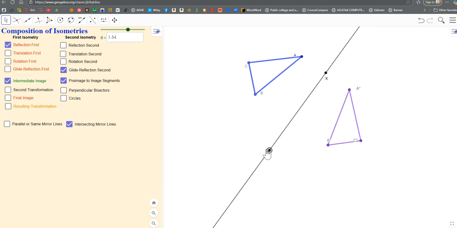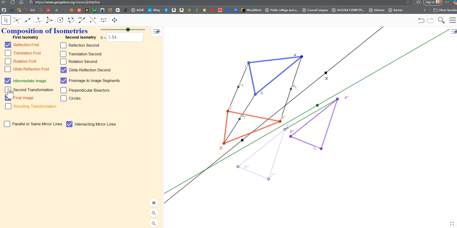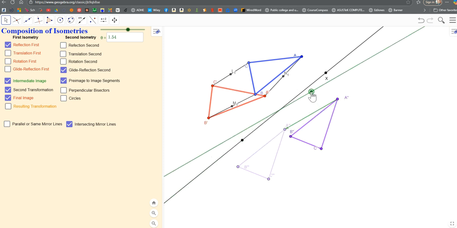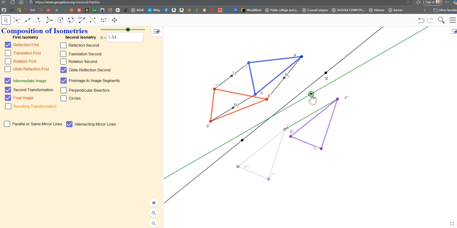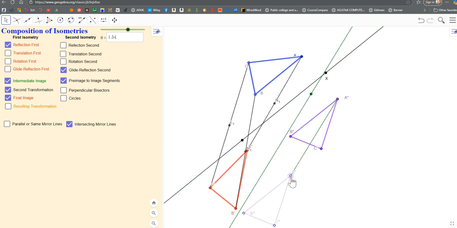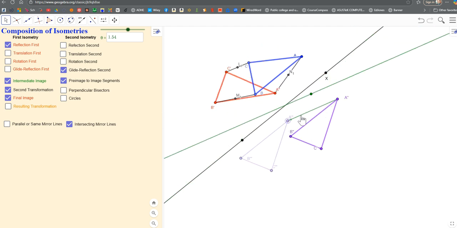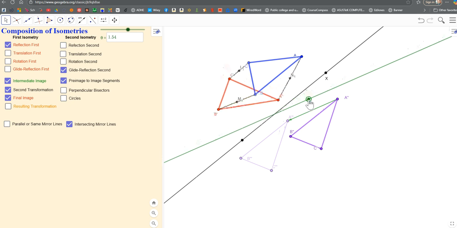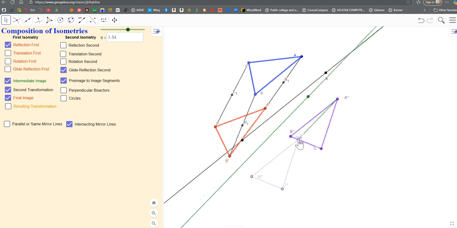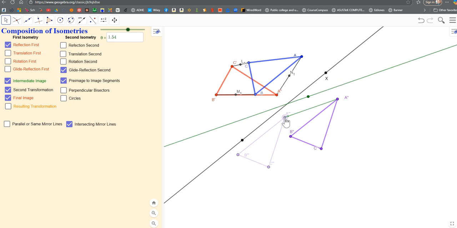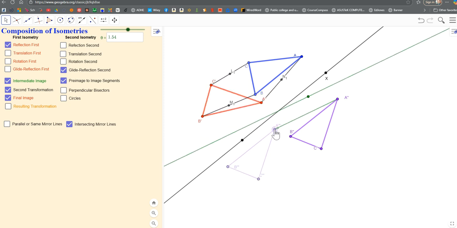Okay, so now we have a reflection. Now we have the final image here. So now we have a glide reflection here. It's going to intersect here somewhere and have a vector parallel to that. Okay. So this one actually you change this vector, and then this line has to stay parallel. But as long as I don't make this vector parallel to that one, I will get an intersecting thing here.